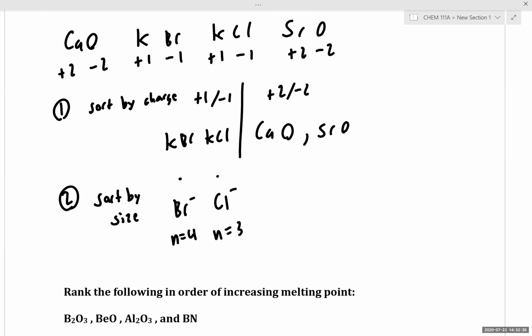Bromide? Yep, bromide's larger, ergo potassium bromide would have the smaller lattice enthalpy.